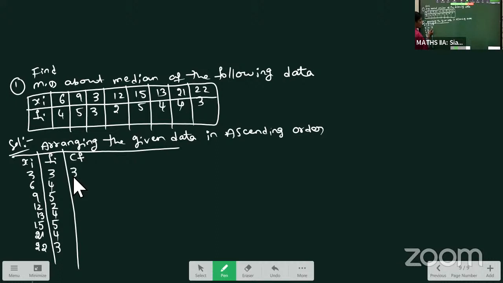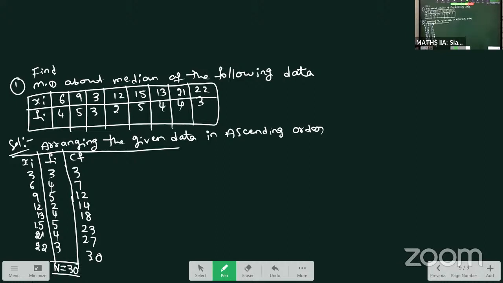Then go on adding the next value to the preceding value. 3 plus 4, 7. 7 plus 5, 12. 12 plus 2, 14. 14 plus 4, 18. 18 plus 5, 23. 23 plus 4, 27. 27 plus 3, 30. This 30 is nothing but the total sum of frequency. N is equal to 30.